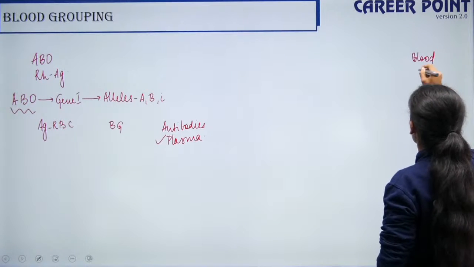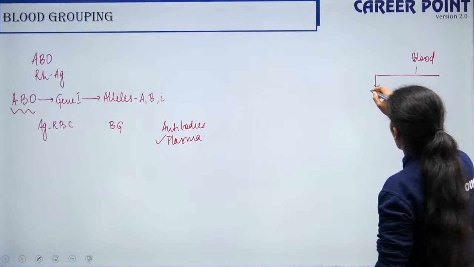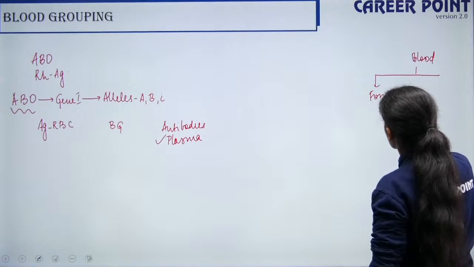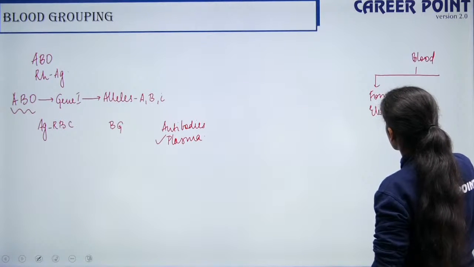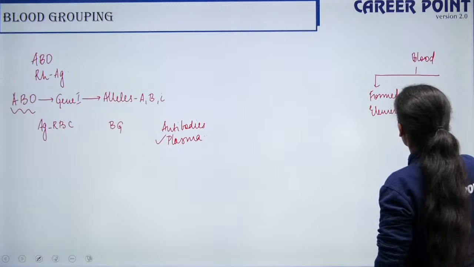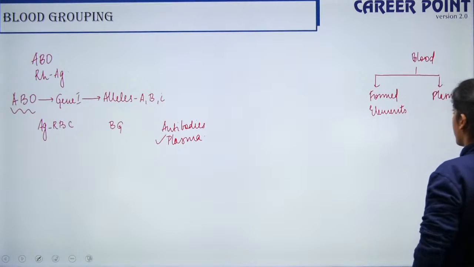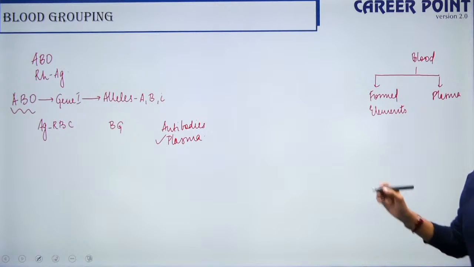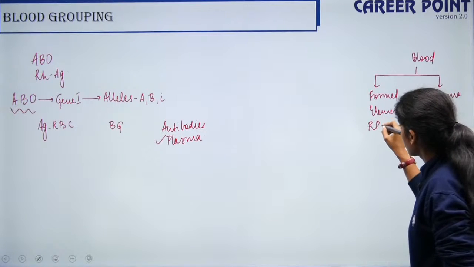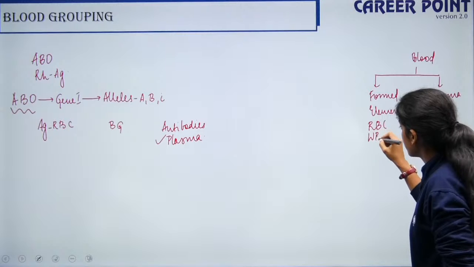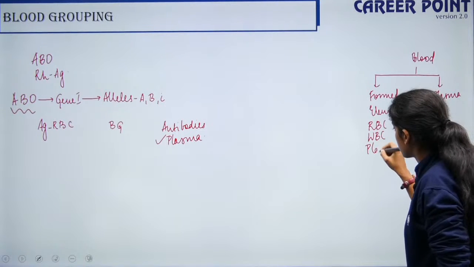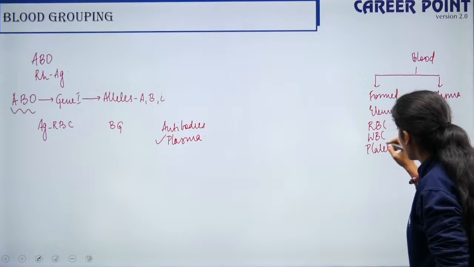The components of blood are divided into formed elements and the other half is plasma, that is the fluid portion of the blood. The formed elements include your RBC, the WBC and the platelets.